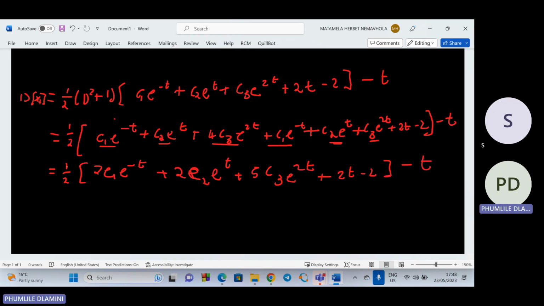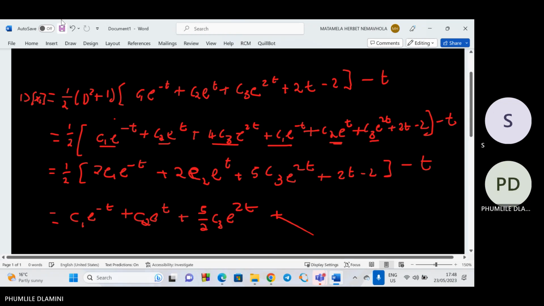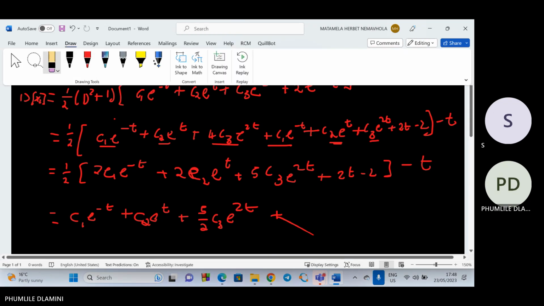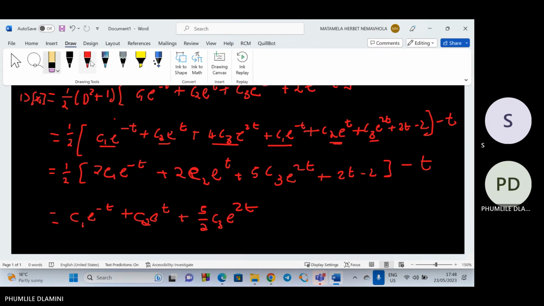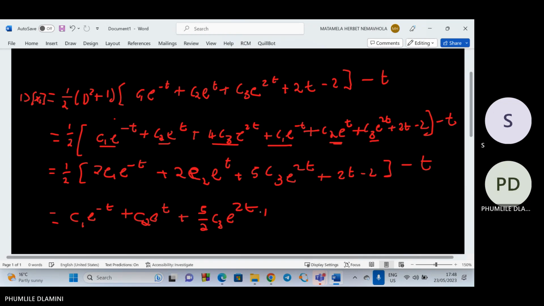Then we divide everything by 2. Then we're going to get C1 e to the power negative t plus C2 e to the power t plus 5/2 C3 e to the power 2t and plus t minus 1.